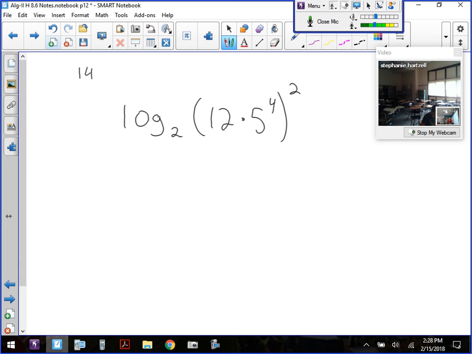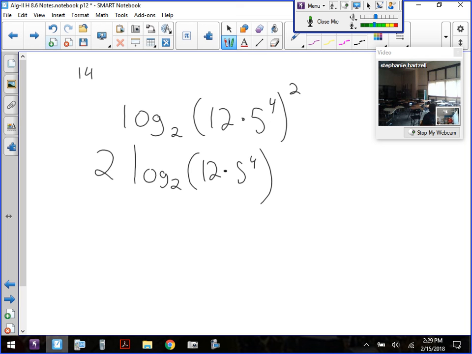Now, in my mind, what I'm seeing here is that I've got a 2 out in front of this square. It's going to jump out in front of the log. You okay with that? So that 2 is going to go out in front of the log to start with. Then I have the log base 2 of 12 times 5 to the 4th.